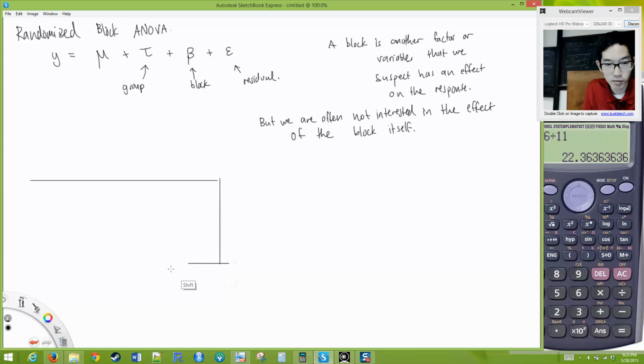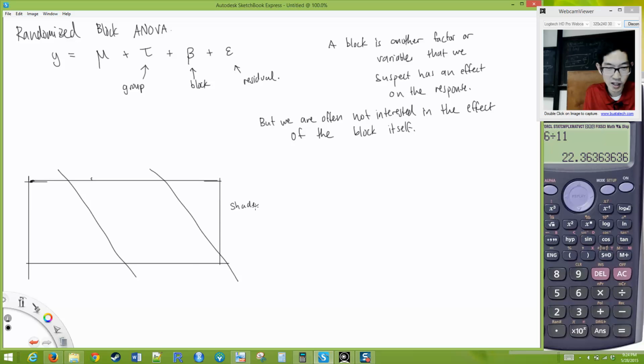But for whatever reason, you didn't design the greenhouse very well, and this part of the greenhouse gets lots of shade and less sun, and this part gets the most sun, and this has some shade and some sun.